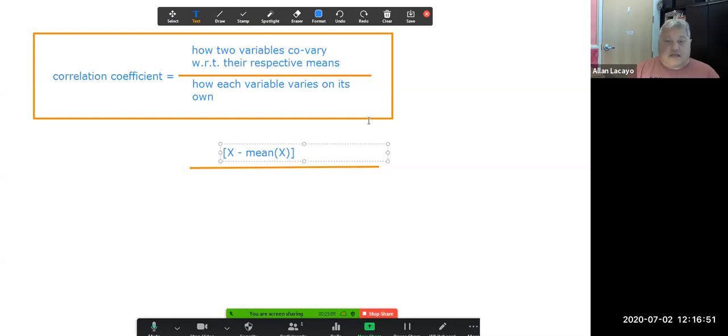And in order to establish how x and y covary, we will then take on a corresponding value of y that is paired or tied with the value of x in question. And for all of these pairs of x's and y's, we are going to take the sum of these products of the deviations in x and y.